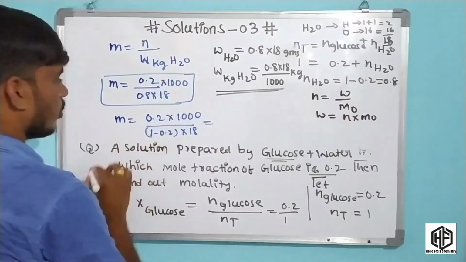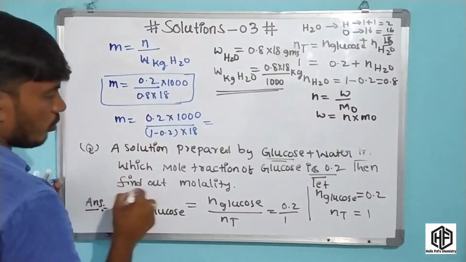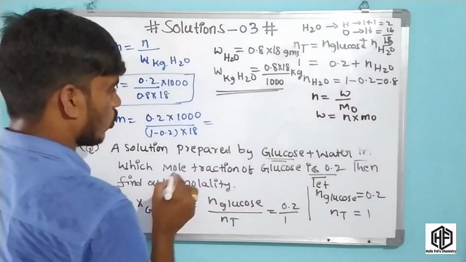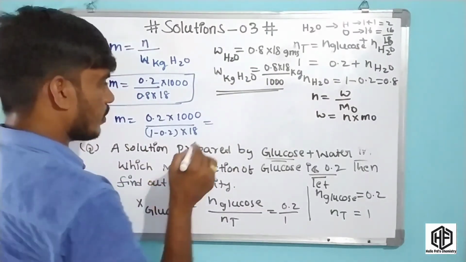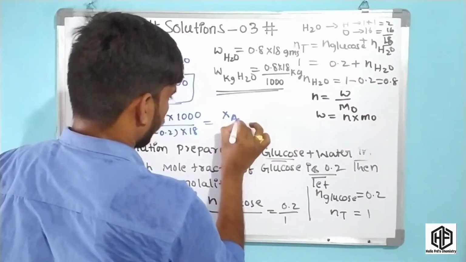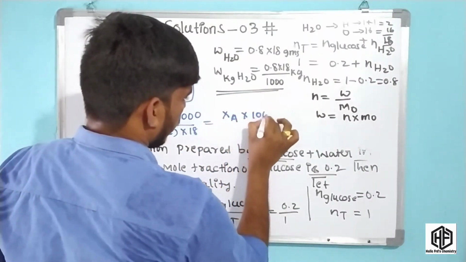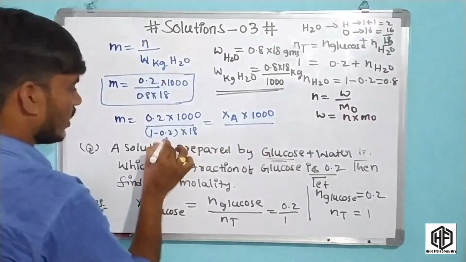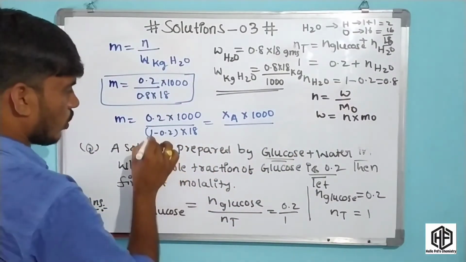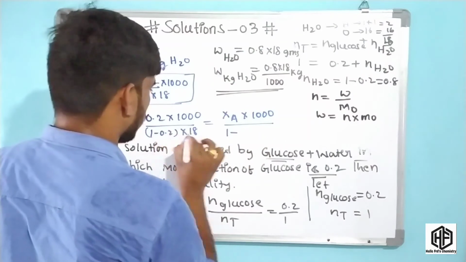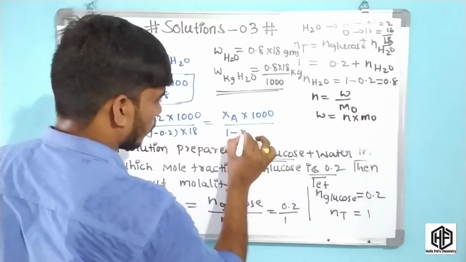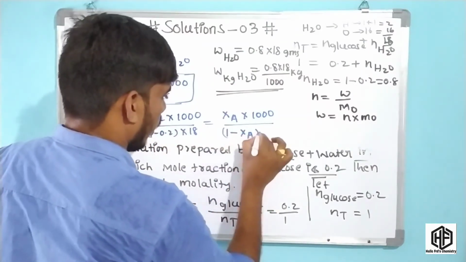Now friends, what is this 0.2? 0.2 is the mole fraction of glucose, which I represent as XA, into 1000 by 1 minus XA, into 18.